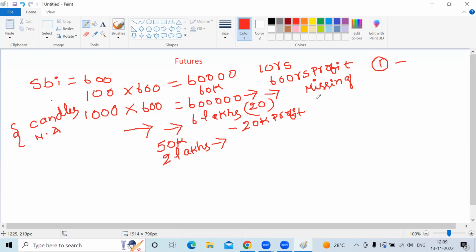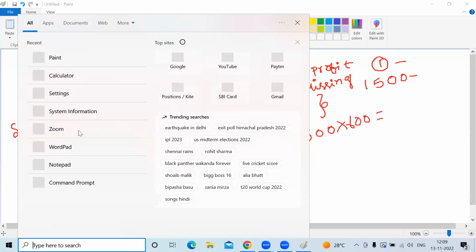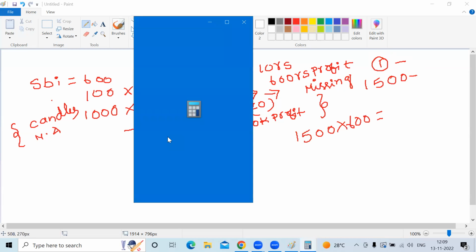In futures there is always something called lot size, so you buy, for example, 1500 quantity, 1500 into 600. For SBI the lot size is 1500 quantity.